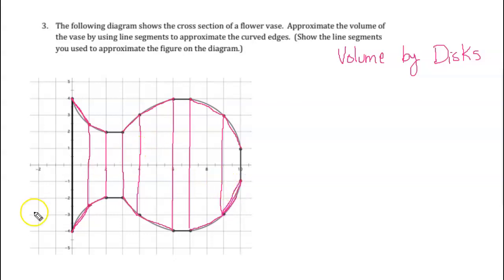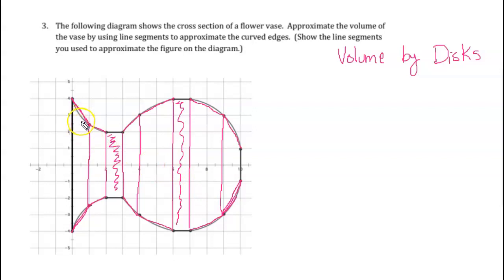All right, so what we have made here is a series of cylinders. This is rectangular, so if I rotate it, it's just going to become a cylinder. This one's a nice rectangle. It's going to become a cylinder. And these other ones, 1, 2, 3, 4, 5, 6, these other 6 sections that we've divided up into have become frustums.